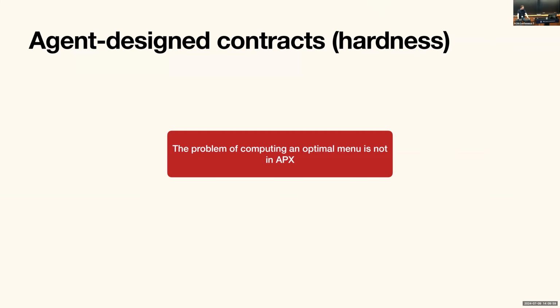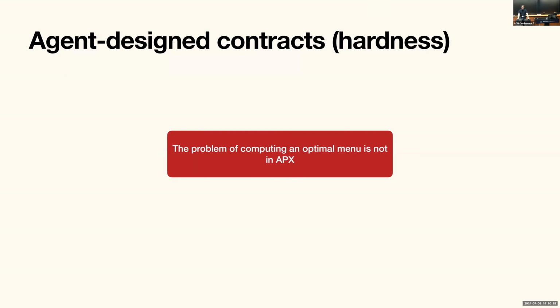In practice, it's reasonable to ask what happens if we only want to present a menu comprised of a small number of contracts, because we don't want to overwhelm the client with a choice over, let's say, thousands of different contracts.